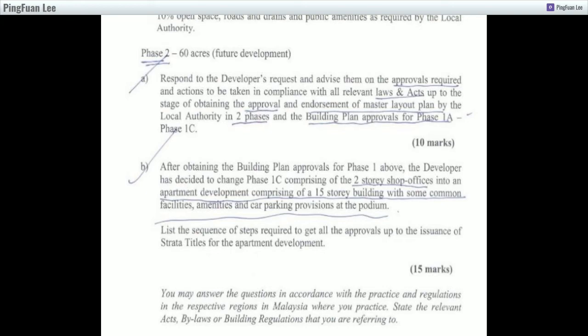Then the other part we'll be talking about strata title, and once we reach the part where we say application for strata title, we mention that the land is to be held in final title. That should cover us, at least showing that we understand it needs to be a final title before you subdivide. No? That's how I see it.